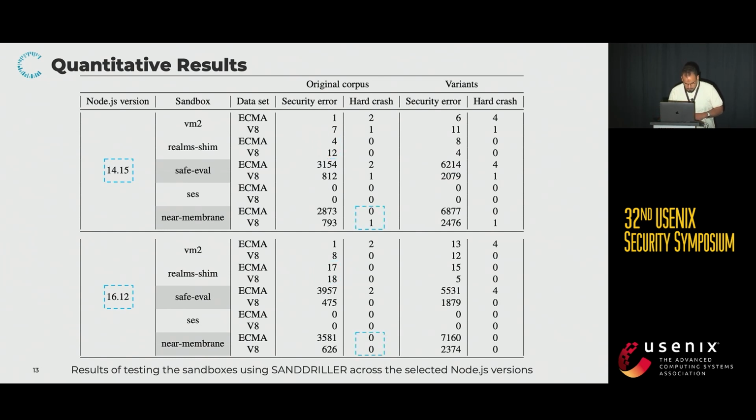Also, newer versions of Node.js might help prevent those hard crashes, which might also affect those language-based sandboxes. And the very interesting part, looking at this table, is that stronger isolation mechanisms give more guarantees and fewer threats. For example, the Secure ECMAScript sandbox, which provides things like freezing the global object, has fewer security threats compared with SafeEval, which gives a different global object.